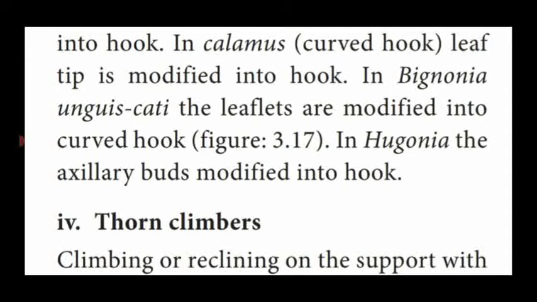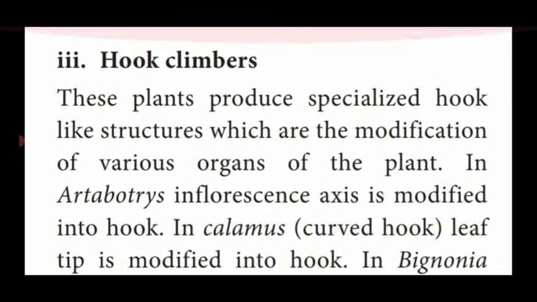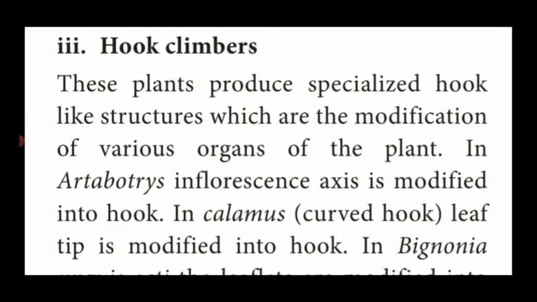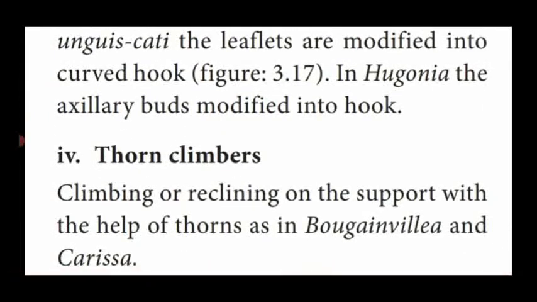In that angle, the bud is present. So this axillary bud is modified into a hook. So these are the different hook climbers in different plants. Dear students, the diagrams I'll show in the next video class. The diagram is not given in your textbook, but I'll show some diagrams in the next video class.